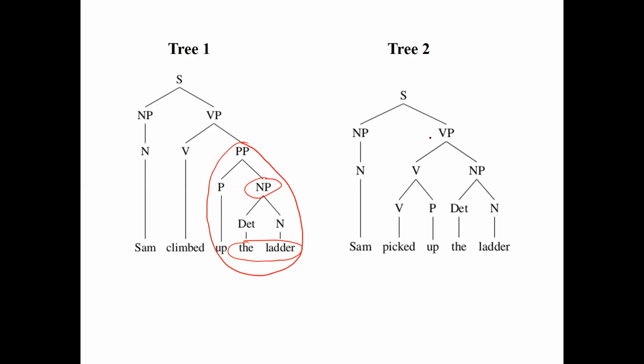VP does dominate those words, but it doesn't dominate only those words. It also dominates the word picked. So up the ladder is not a constituent in tree 2. Picked up the ladder is a constituent, and picked up is a constituent in tree 2.